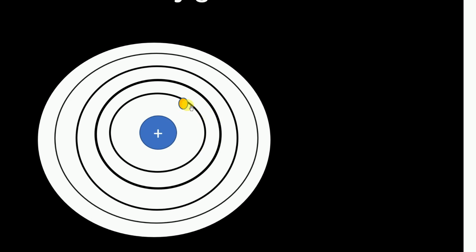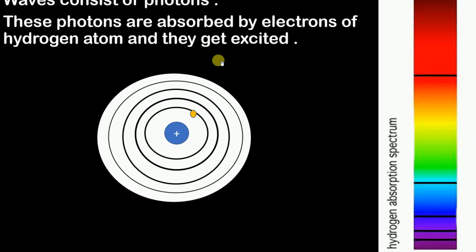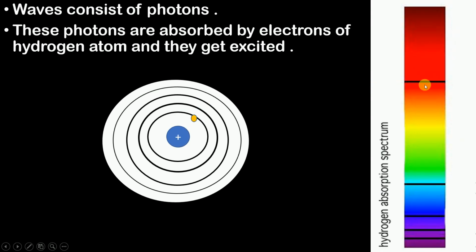This electron will accept that photon and gain energy. Since it has gained energy, it will go into higher orbits. Whether it goes into the second orbit, third orbit, fourth orbit, or fifth orbit depends completely on which wavelength of light it is absorbing.